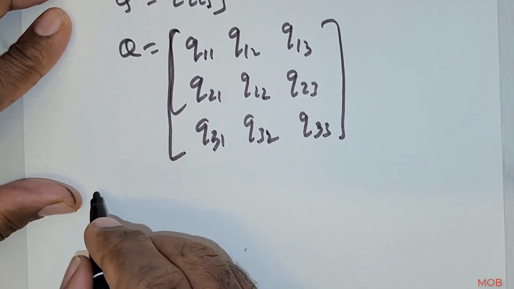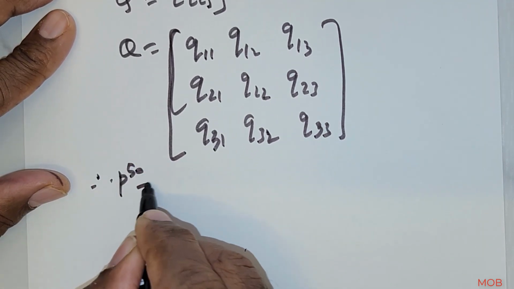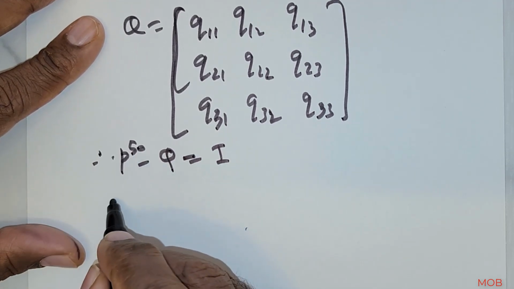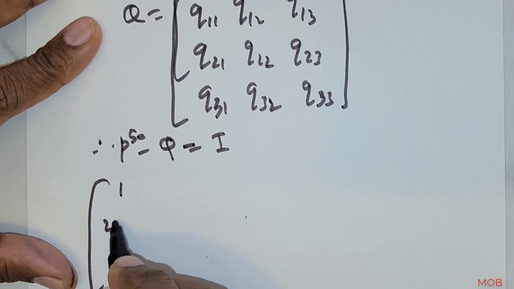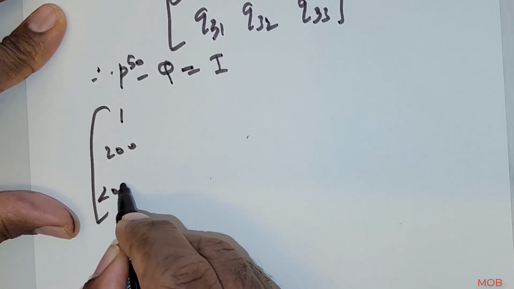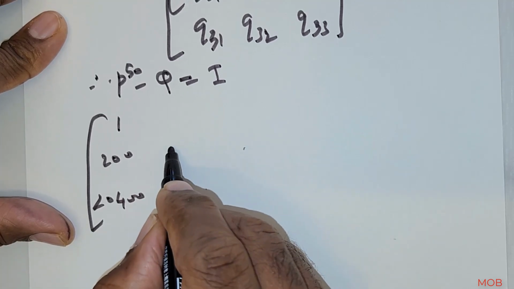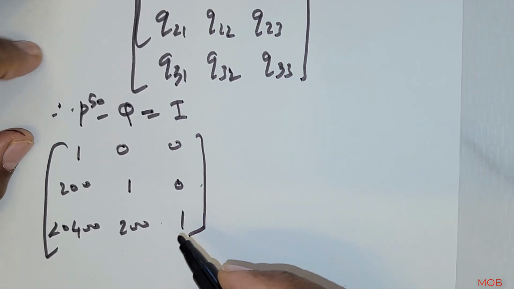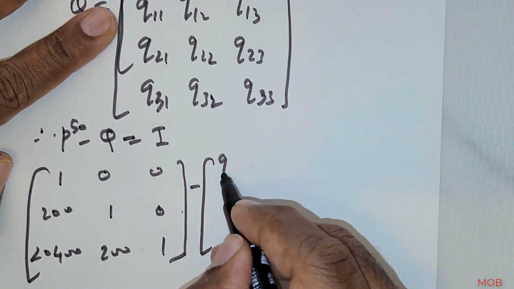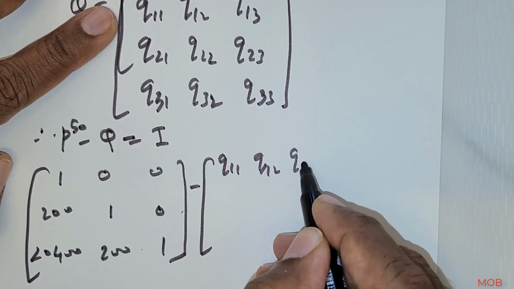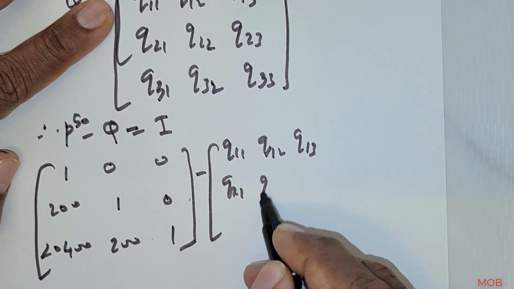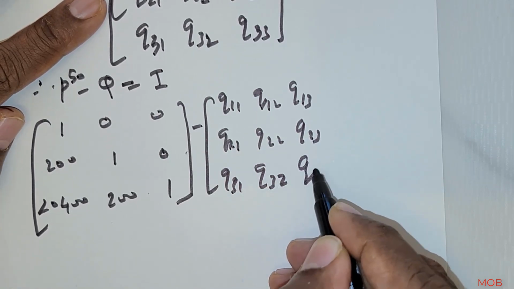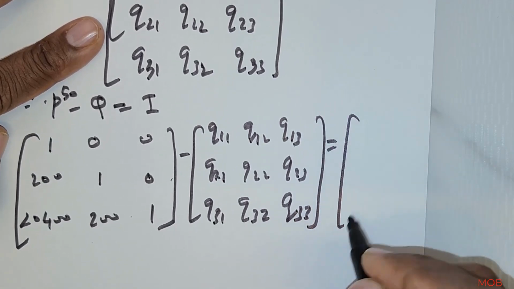Therefore P of 50 minus Q is equal to I. So the P of 50 matrix, 1, 200, 20400, 1, 200, 0, 1, 0, 0, minus Q11, Q12, Q13, Q21, Q22, Q23, Q31, Q32, Q33 is equal to I, the identity matrix.